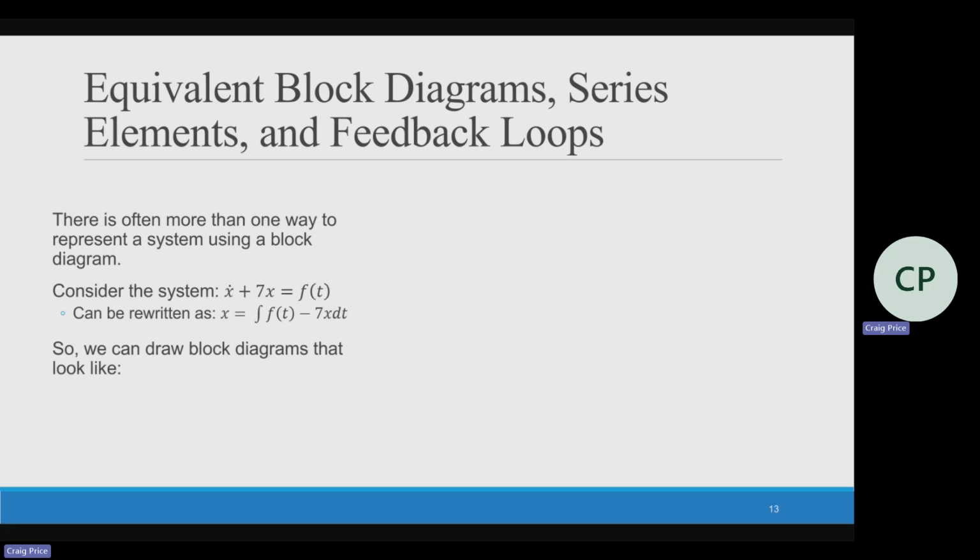I could rewrite it. So I could move the 7x over here. I could take the integral of this. That would really be in parentheses like that. So I could rewrite it as x is equal to the integral of my input force minus 7x, function of time.